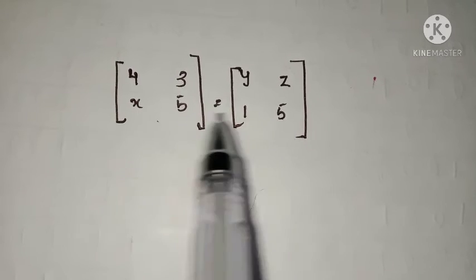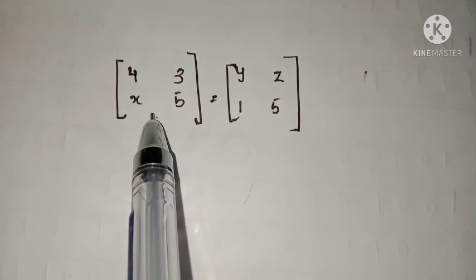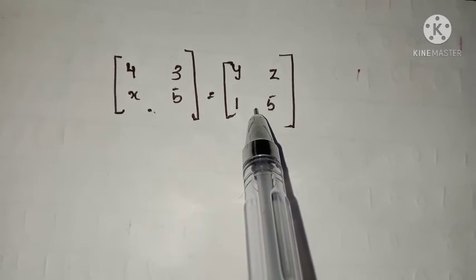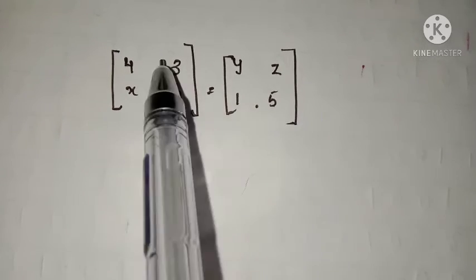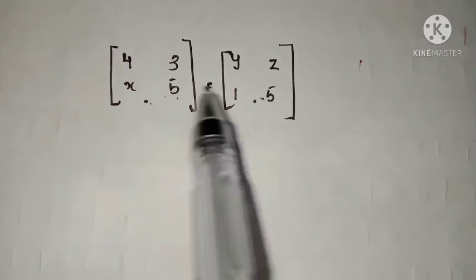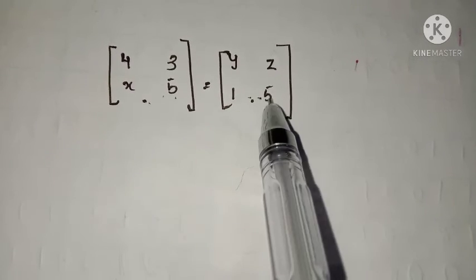Look at these two matrices. This is a 2 by 2 matrix and this is also a 2 by 2 square matrix. In this question it is given that these two square matrices are equal.